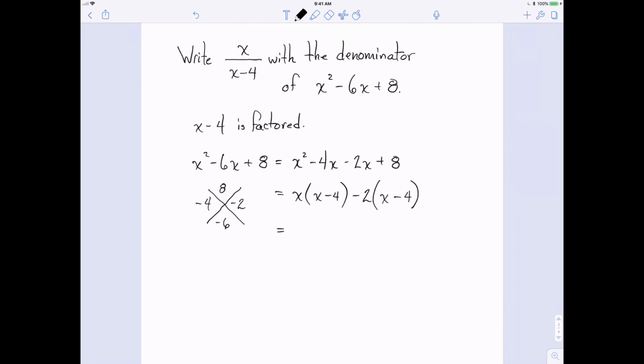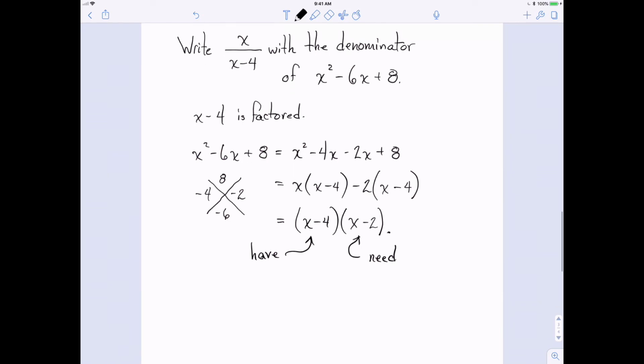That creates a greatest common factor of x minus 4 times x minus 2. Notice this. Again, we already have the x minus 4. We need the x minus 2. So now we work the exact same way.